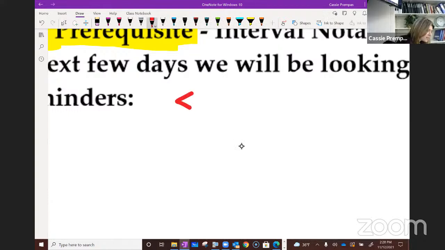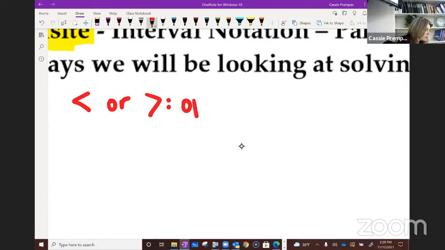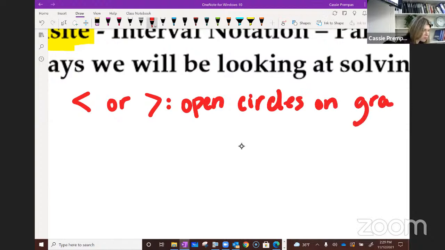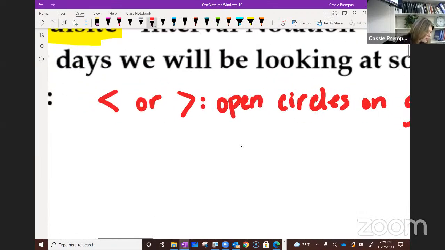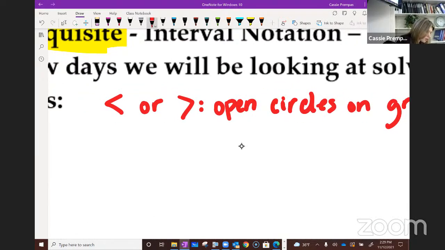If you have a less than or a greater than symbol, do you guys remember if those represent open circles or closed circles on a graph? So if it doesn't have an equal bar, it represents open circles on a graph. Okay, so with that said, we have to remember what represents closed circles.